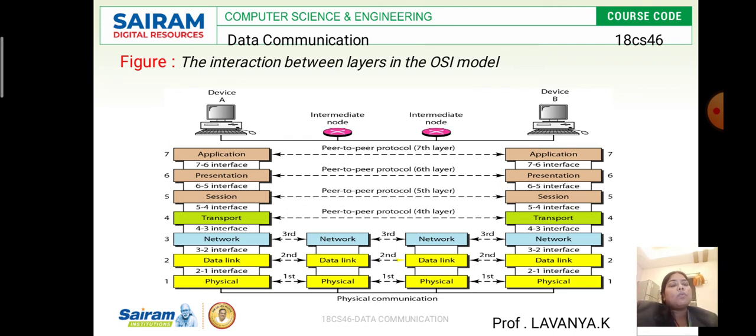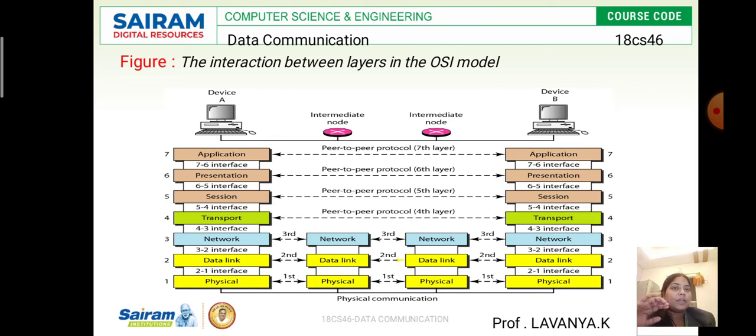The transmission mode has three types of modes. One is simplex mode, and the other is duplex mode. The duplex mode again has two types: half duplex and full duplex.